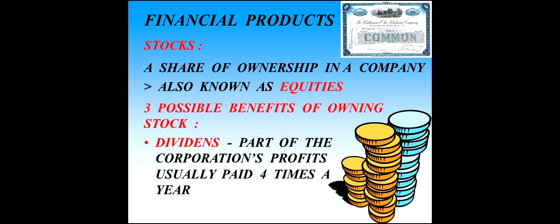Not every corporation pays dividends to their stockholders. Some do. You can think of a dividend sort of like an interest payment. The corporation will take a part of its profits, divide it by the number of shares of stock, and pay that out per share to the stockholders. The corporations that do pay dividends usually do this 4 times a year.